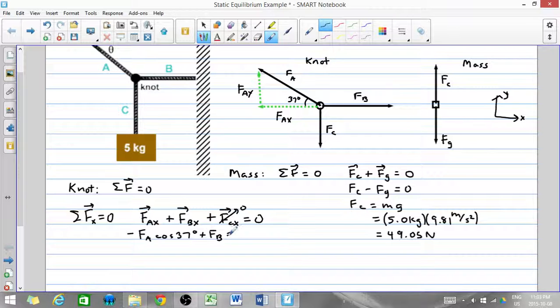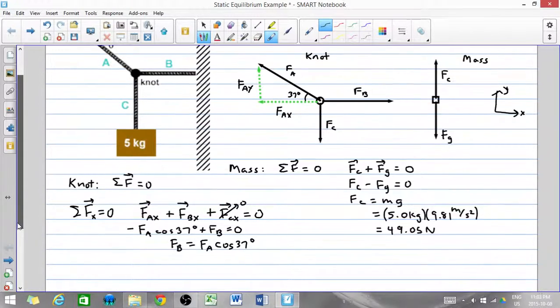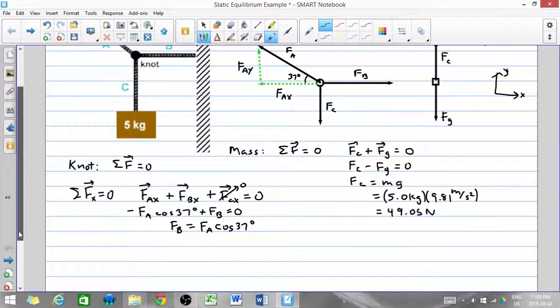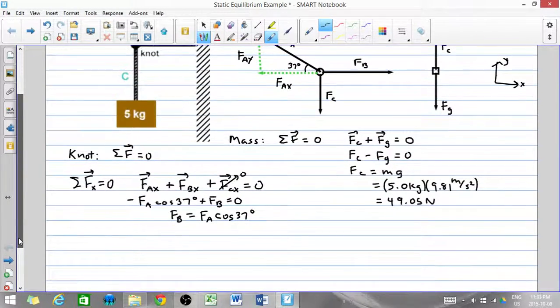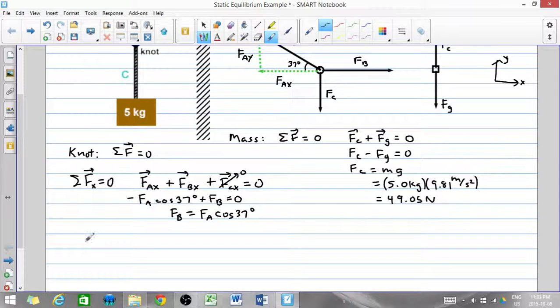So it's gone for now. From here, FB is equal to FA cos 37 degrees. All right, that's useful, but it doesn't solve for force B or force C. So we'll be coming back to that after we look at the y components.